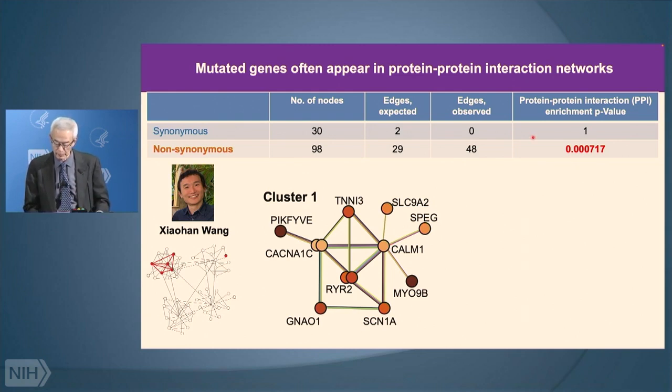And for synonymous variants, this enrichment value was practically chance, whereas in the non-synonymous protein-modifying variants, the likelihood of there being this much protein-protein interaction was highly significant.